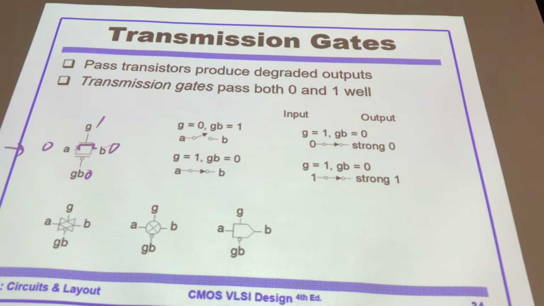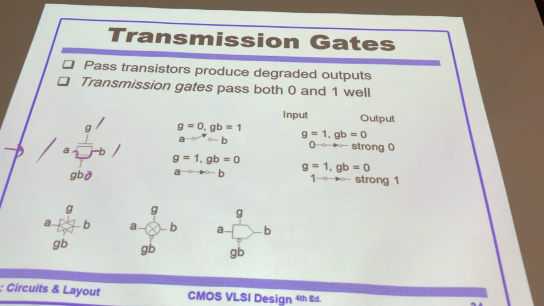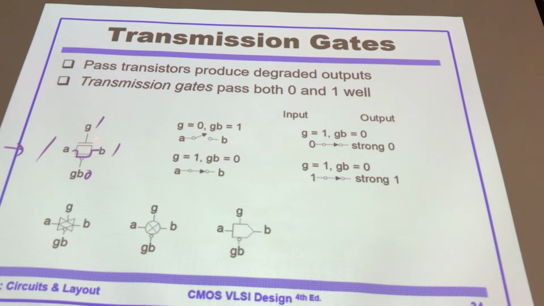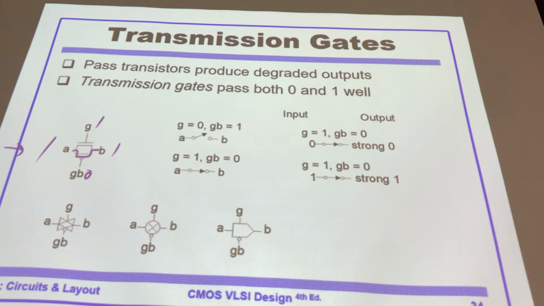Go this way. When the input is 1, we go this path. The PMOS transistor will give you a good signal 1. Although the other branch is weak 1, when you connect them in parallel together, weak connected with strong becomes strong. Okay.